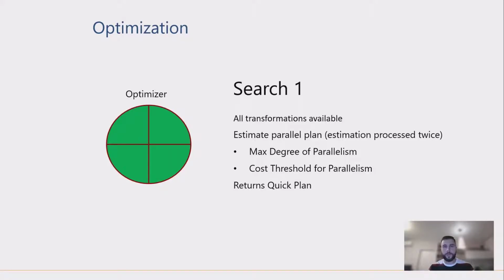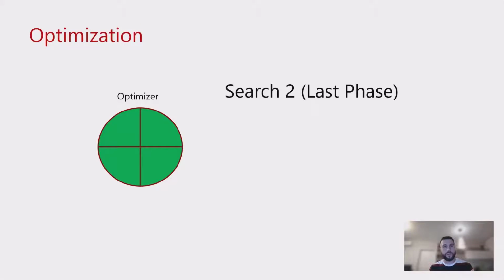If it's not, we're going to the last phase, search 2. This will definitely be the last phase, and SQL Server has to return the query plan after this phase in any case. So at this stage, SQL Server applies the full set of optimization rules.